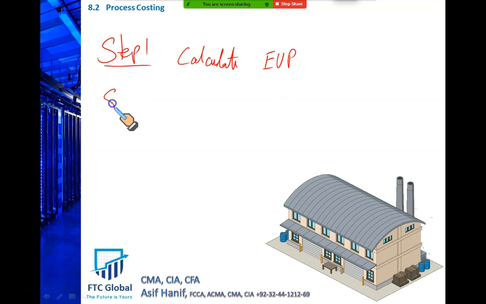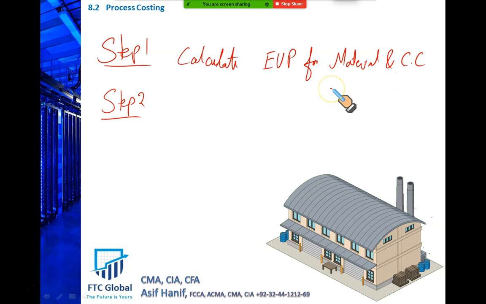Second step, step 2, calculate EUP for material and conversion cost, because I told you there are just these two costs, material and conversion cost. So first step is to calculate the equivalent units of production for material and conversion cost.